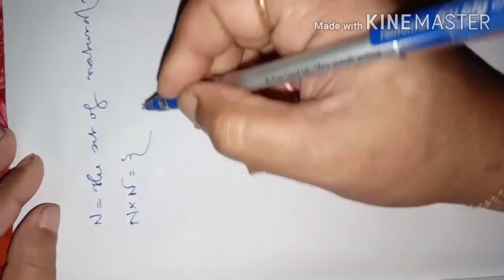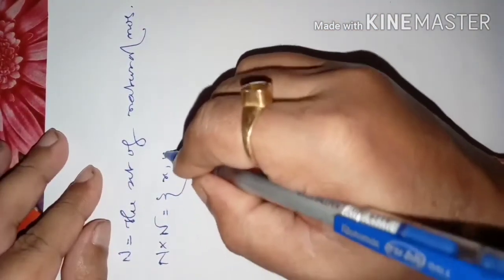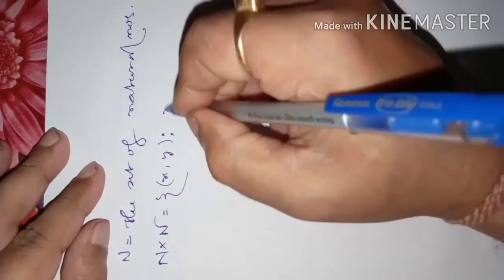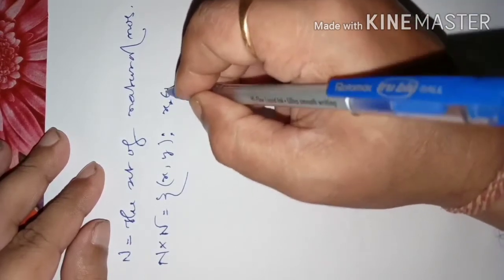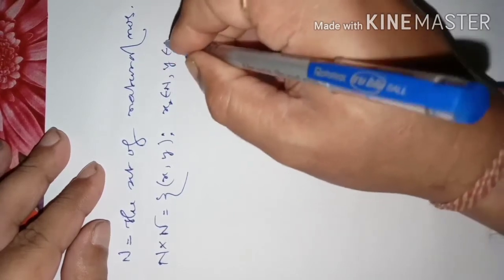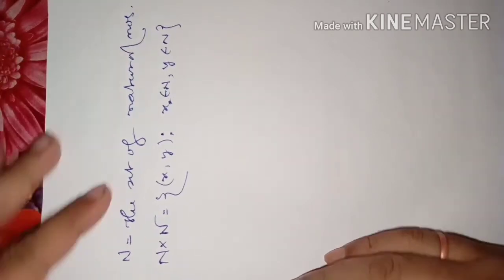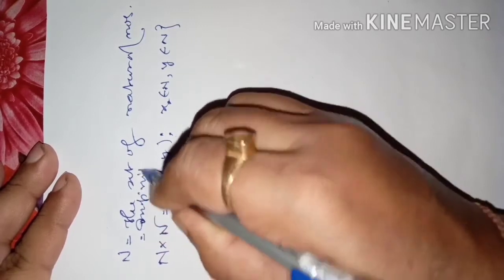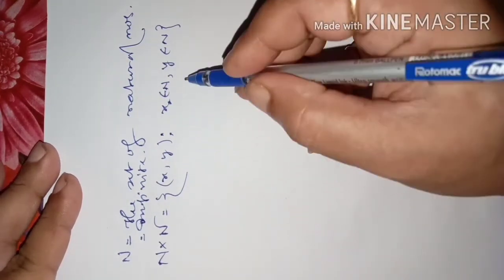Then N cross N will be the set of ordered pairs (x, y) such that x belongs to N and y also belongs to N. Now you see, N, the set of natural numbers, is an infinite set, because the number of elements you can't count. That means N cross N will have an infinite number of ordered pairs.